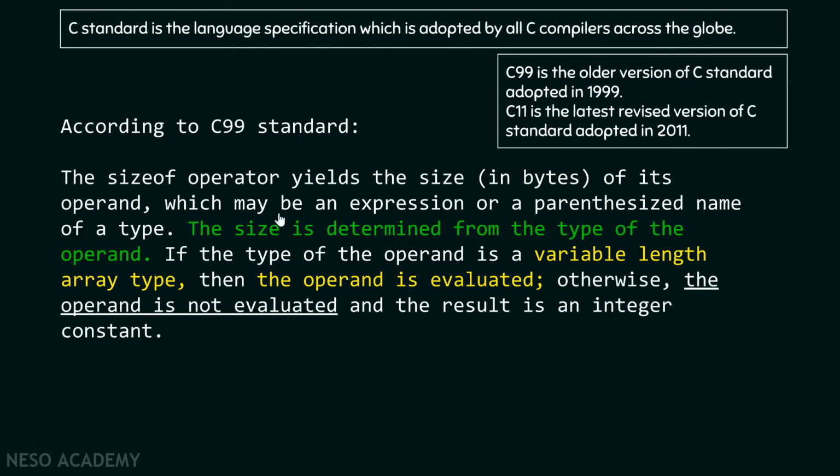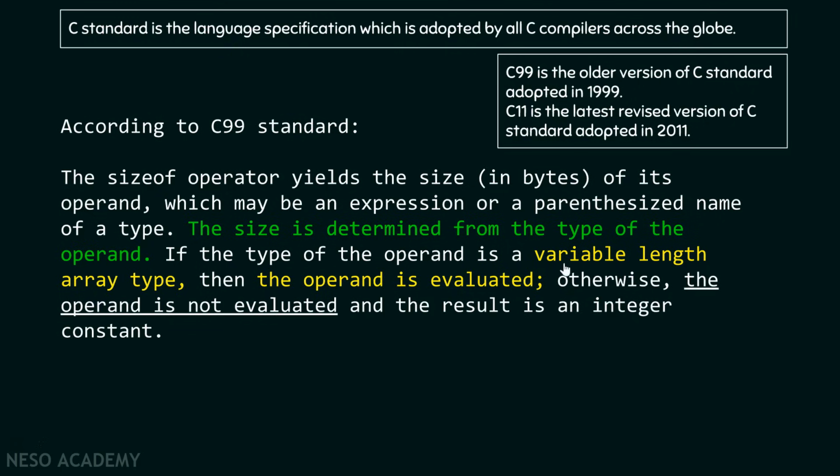It can be an expression or it can be a type like int, float, long, double, etc. Size is determined from the type of the operand. This is very important. Size is determined from the type of the operand and not the operand itself. If suppose you provided an operand, like in our example, we are providing the operand I. Therefore, size of this operand is determined from its type, which is integer type.